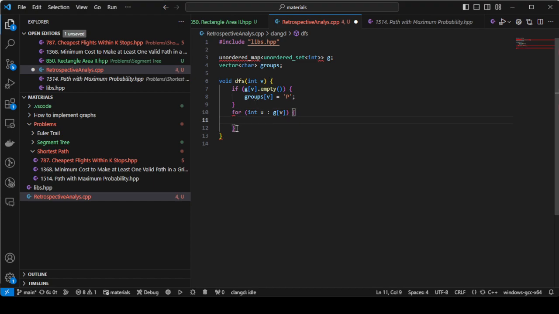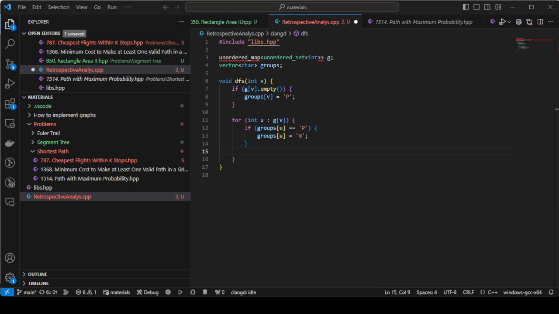And we mark if we meet only if some vertex U is P. It means that this current vertex is N. Remove, because it's in the same location.